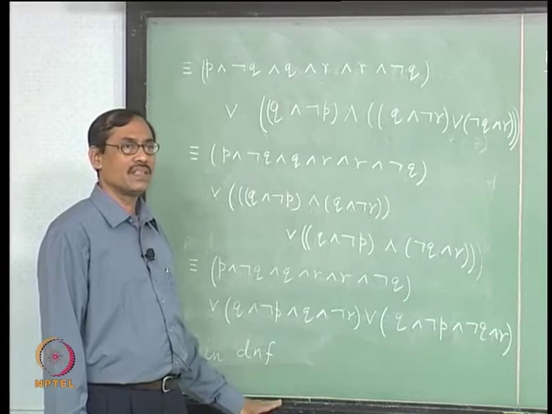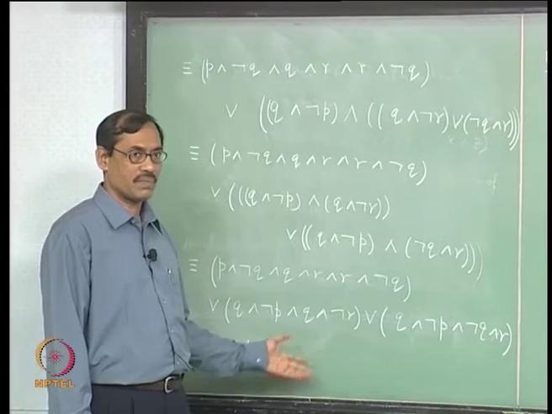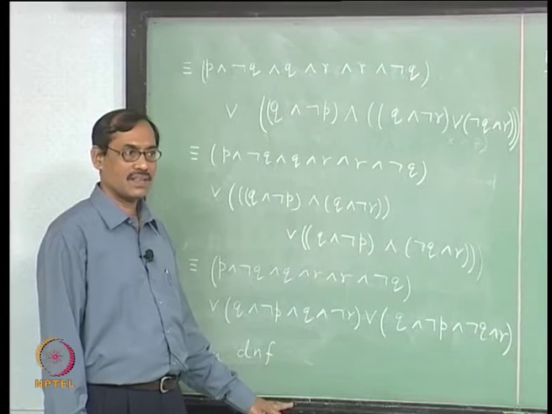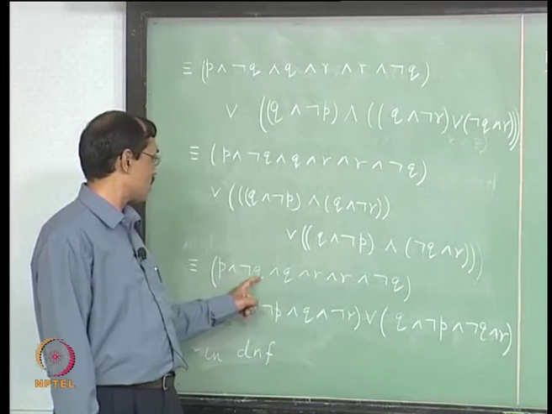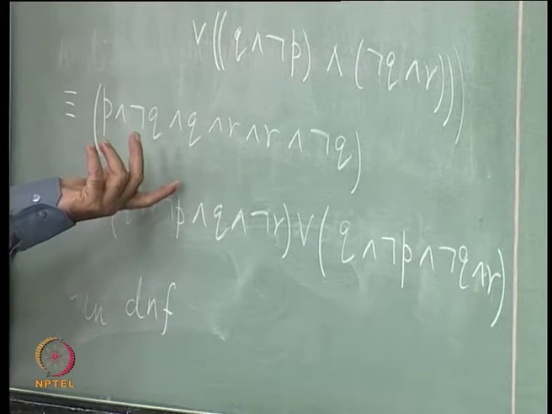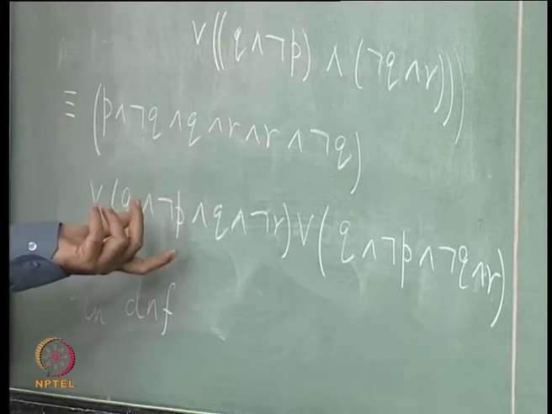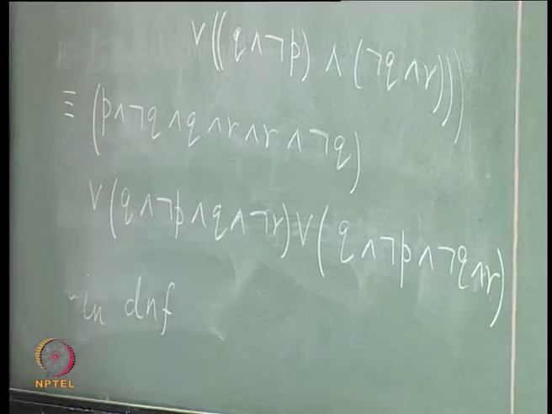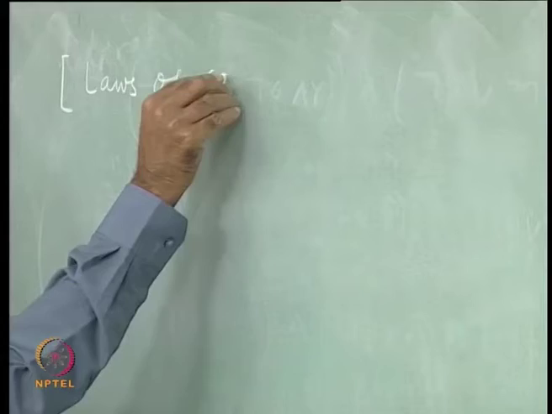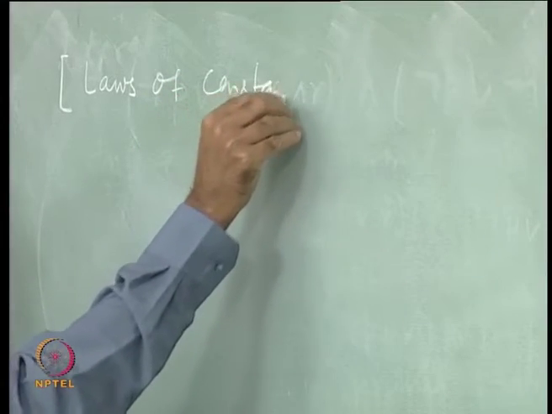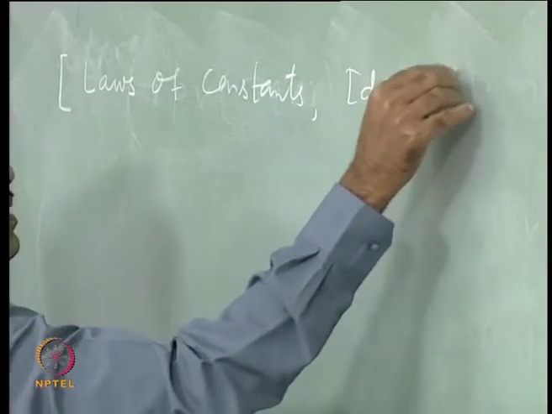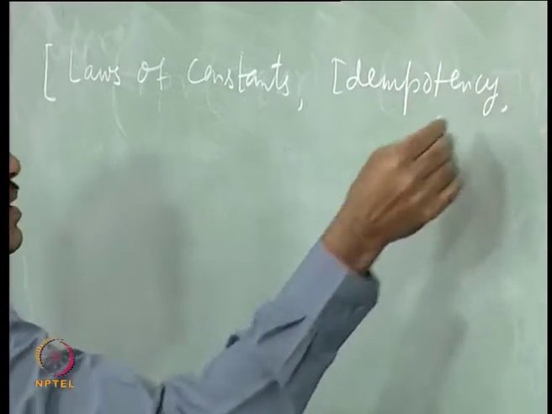So what you need is to use absorption and idempotency, okay, and the laws of constants, because you know if it is not Q and Q, this becomes bottom, right, that will help. So laws of constants also will be helpful, fine. So what we are using is laws of constants, idempotency and absorption.